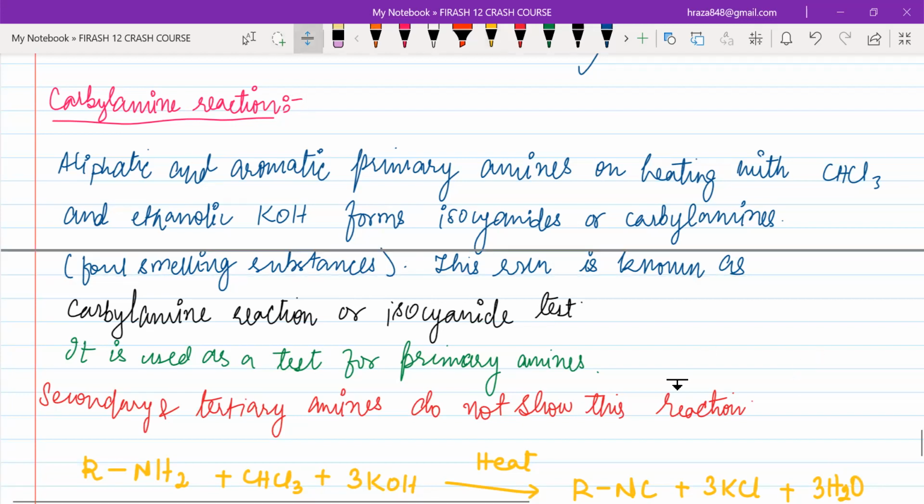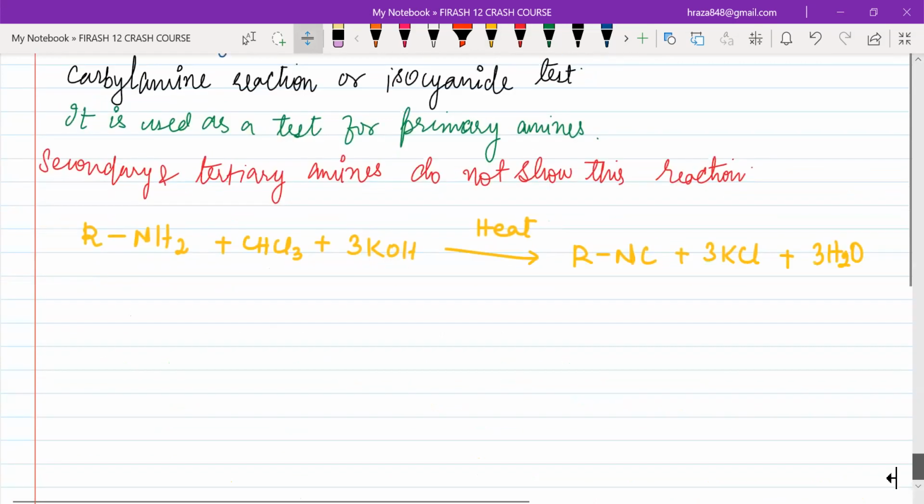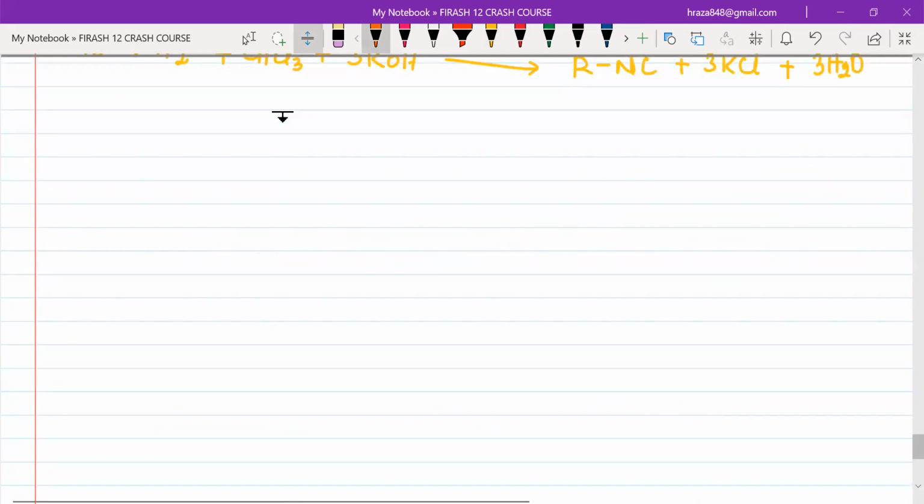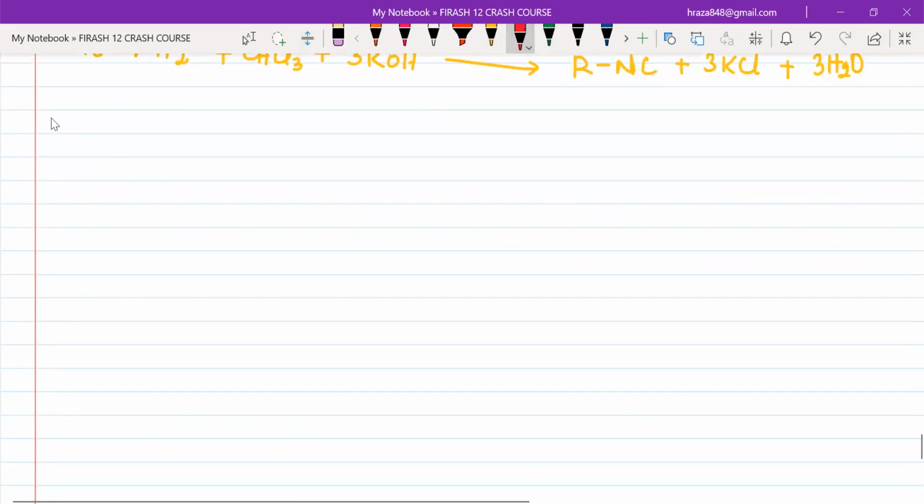So it's very easy. The next reaction is basically reaction with nitrous acid.